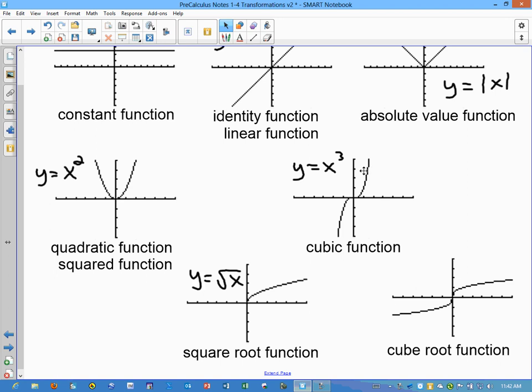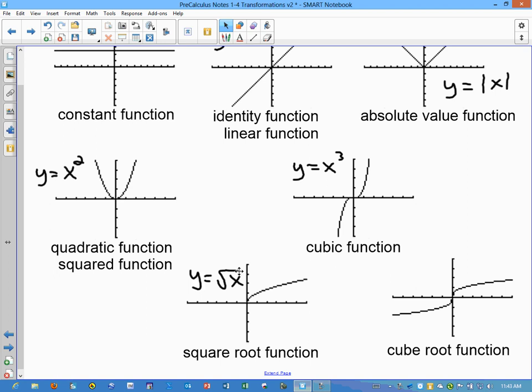It's basically the cubic graph reflected about the line y equals x, but then we ignore the negative branch because you can't take the square root of a negative number and have it result in a real number. So with the cube root function, again, you take the cubic function reflected about the line y equals x, and you get this shape here.